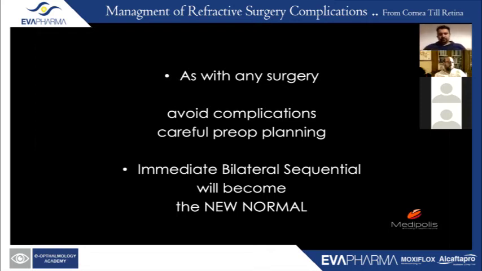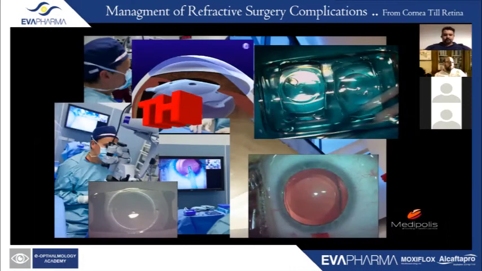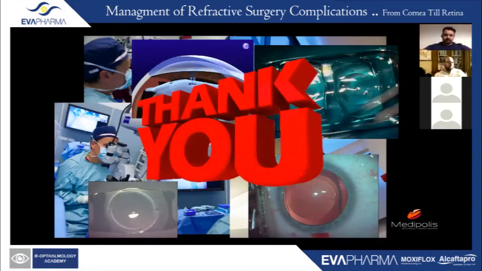Of course, we always leave them the possibility to have both eyes done on separate days, but more and more they want the immediate bilateral sequential surgery because they appreciate that we offer this opportunity so that they can have fewer visits in our office because of the post-COVID-19 issues. So this will be, in my opinion, the new normal. I thank you very much for your kind attention.